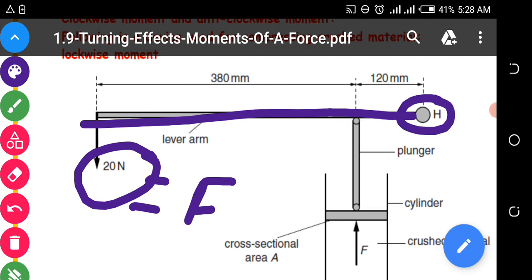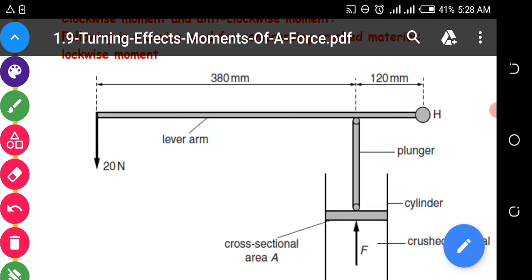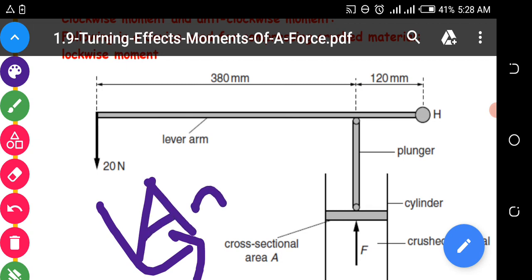So we've got the first moment, which is this 20 Newton multiplied by this distance of the lever from the hinge. And then when we look at the direction in which this lever arm will turn, if we pull it downwards, it's going to turn in that direction, or in other words, it will go in the anti-clockwise direction.